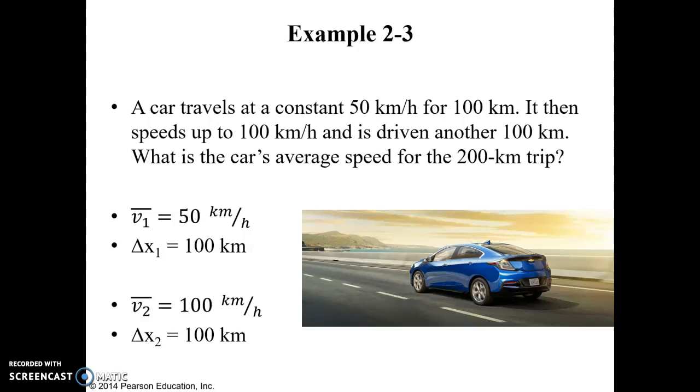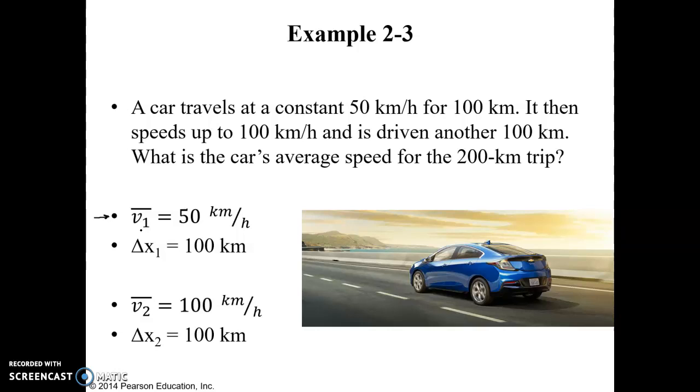So let's first write out our knowns. Well, we have them written out. Let's look at them. Average velocity 1 is 50 kilometers per hour. So we'll write that out using our abbreviations, v sub 1.